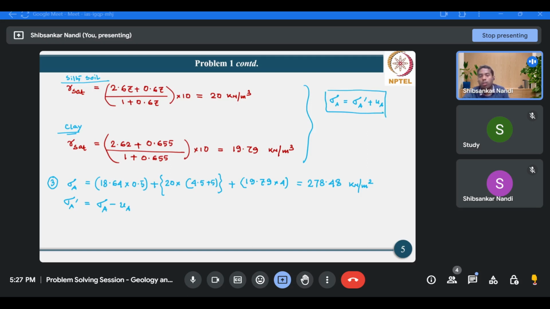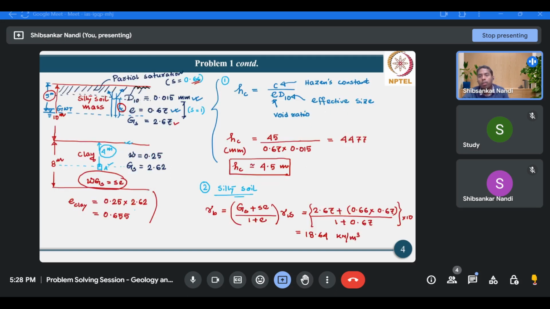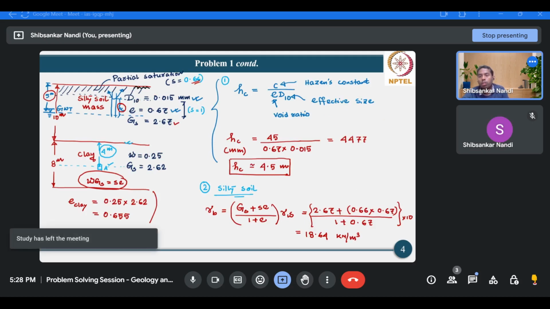Now the total stress we have already calculated, so the remaining calculation is the pore water pressure at that point. Now what would be the pore water pressure at that point? For that we need to know the variation or distribution of pore water pressure. Okay, so this is the groundwater table.